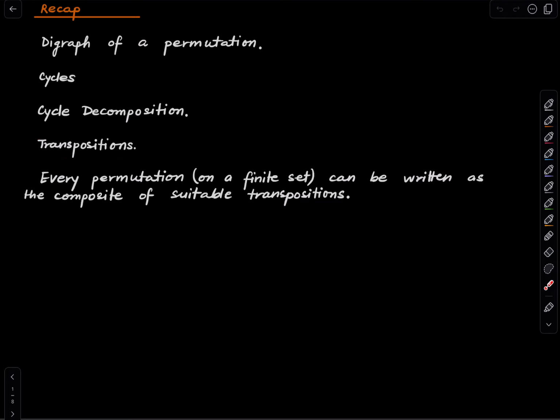So let me repeat. A transposition is just a 2 cycle, and we just defined what is a K cycle. So a 2 cycle or a transposition is a permutation whose digraph witnesses exactly one non-trivial cycle, and that cycle has length 2. So that's a transposition, and we noticed that every permutation on a finite set can be written as the composite of suitable transpositions.